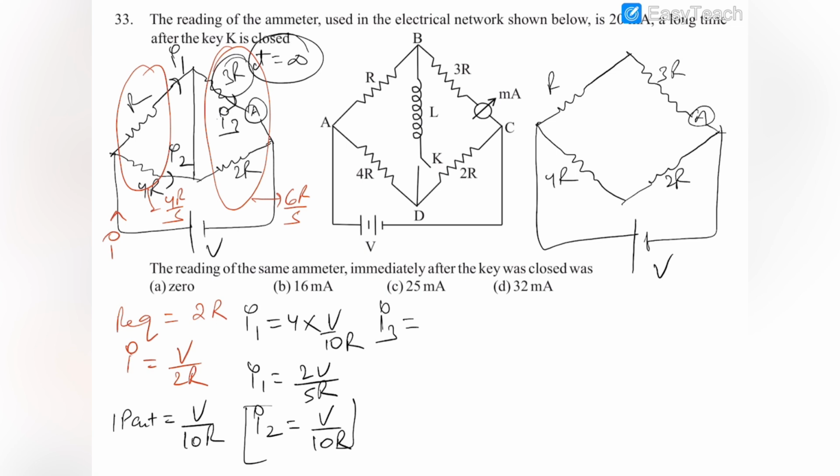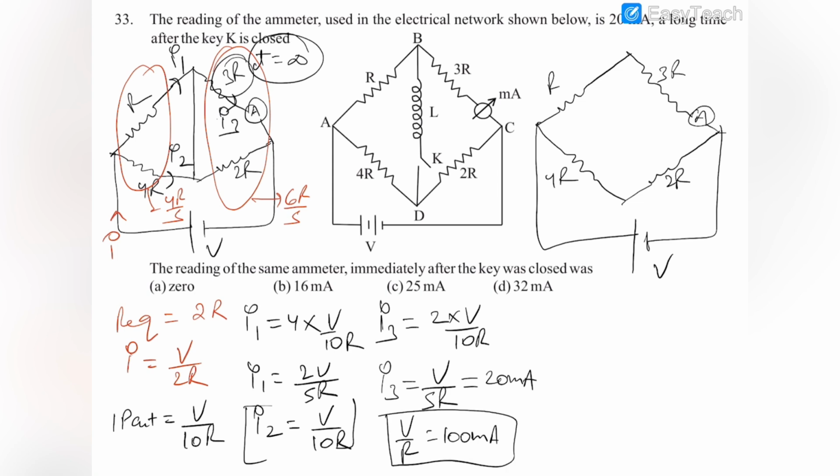So we can directly use 2 into V by 10R. So I3 will be equal to V by 5R. Now this I3 is given as 20 milliampere. So we can say that V by R is 100 milliampere.